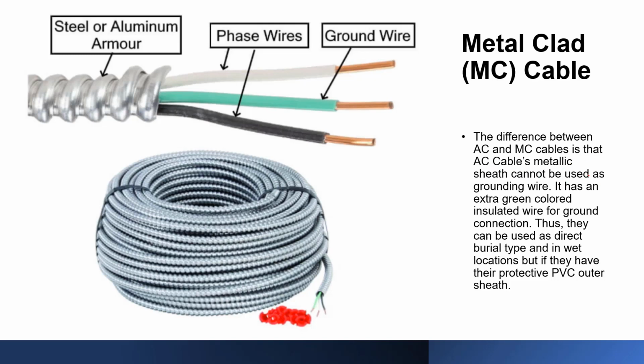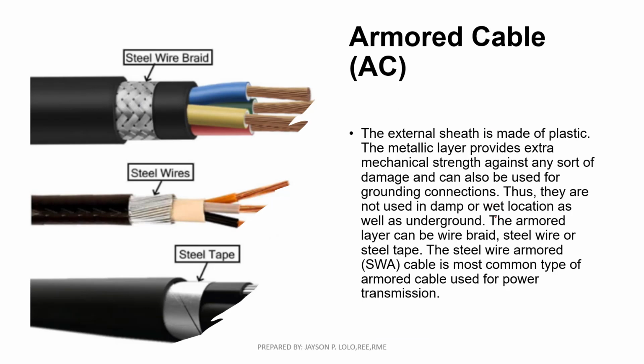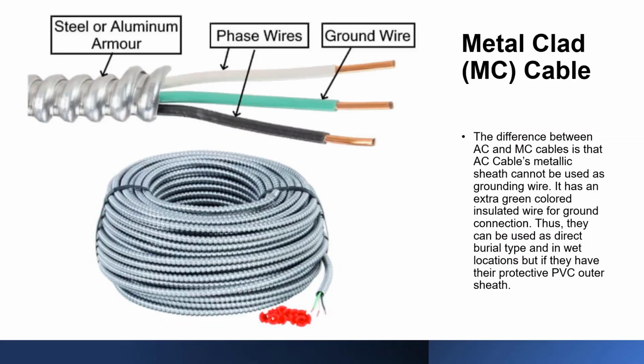Thus, unlike the AC cable, you cannot use it in damp or wet locations, while the metal clad cable you can use as direct burial type or underground or in wet locations. But take note, there's a provision that you must use a protective PVC outer sheet.